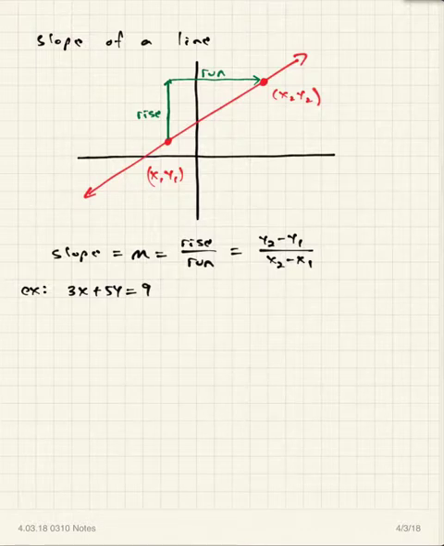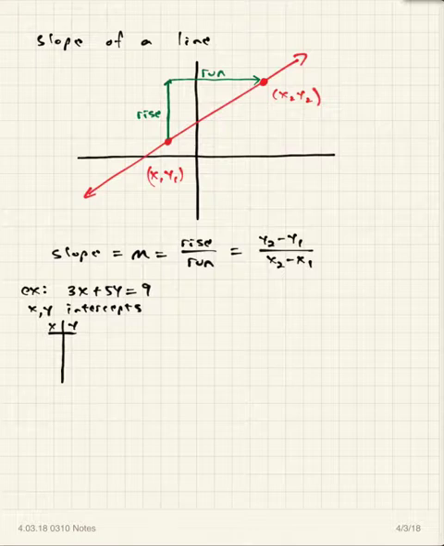One way we did this in lecture last time is we looked at the x and y intercepts for this line. Don't forget that the x and y intercepts are simply what happens when you put 0 in for y and when you put 0 in for x. When you put 0 in for y, you're talking about the x-intercept. And when you put 0 in for x, you're talking about the y-intercept.